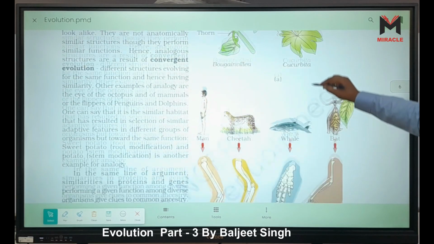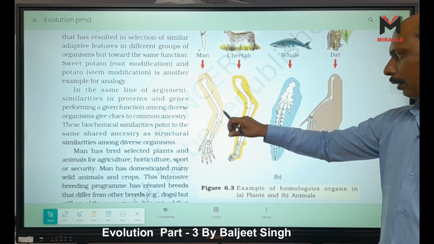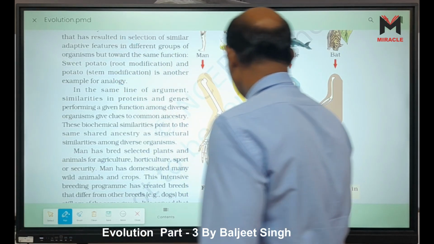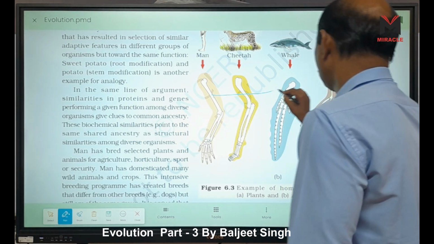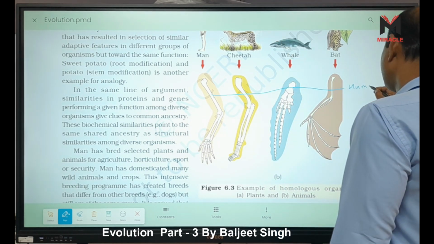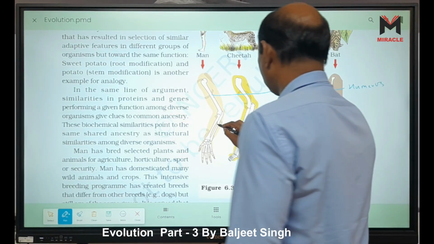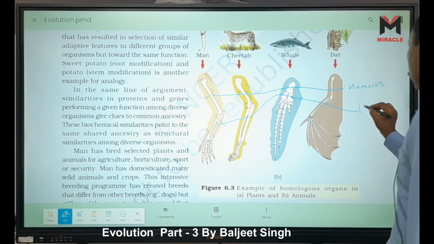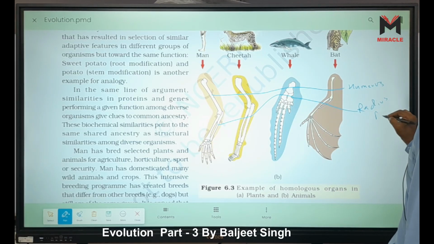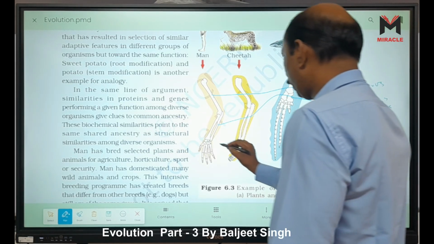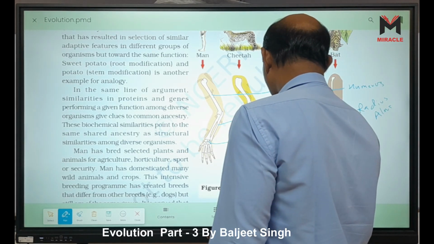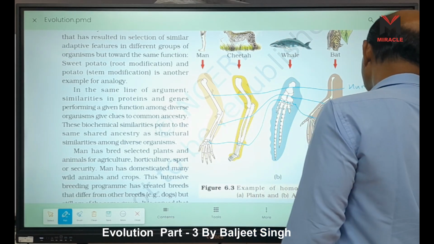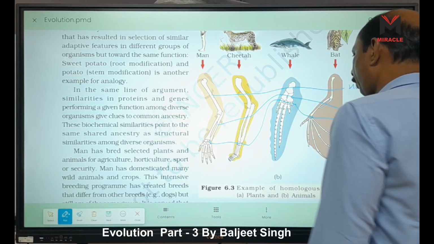And when we consider this one, look there. This one is the humerus. Then after this, this one is the radius and ulna. When we consider this, those are carpals, this one is a carpal, this one is a carpal, and this one is a carpal.